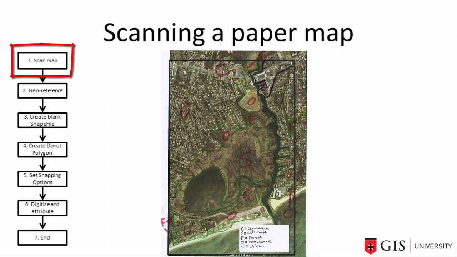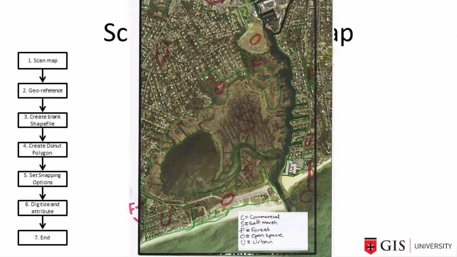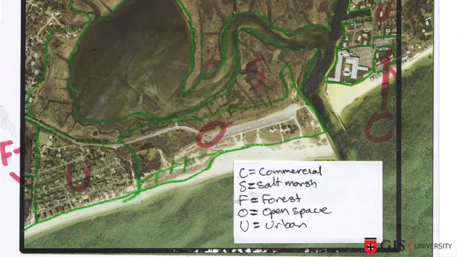Now, I've drawn this interpretation onto a base map that I produced in and printed out of QuantumGIS. 5 different land uses are shown in the bottom right hand corner, and these relate to the red labels in the interpretation. The green lines are drawn using wax pencil, and the red ones and the red labels are drawn with a felt tip pen.